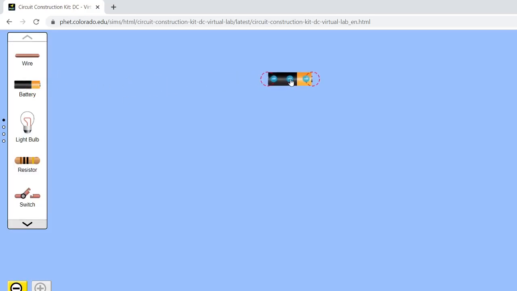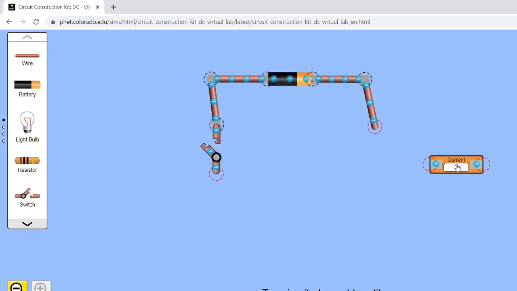So we're going to need our power supply, which is going to be our battery. We're going to have wires. We're going to need a switch. We're going to connect our ammeter in series.